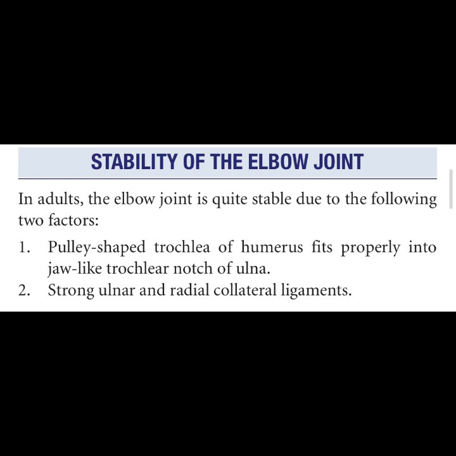I told you before, the trochlea acts as a pulley system, which makes the trochlear notch fit into it 100%. The trochlea of the humerus articulates with the trochlear notch of the ulna, and acts as a pulley system to allow the trochlear notch to fit into it, so that provides stability 100%. So the trochlea acting as a pulley system, muscles and the ligaments.